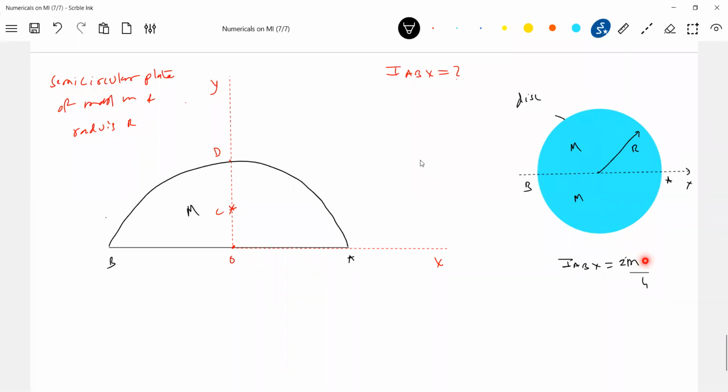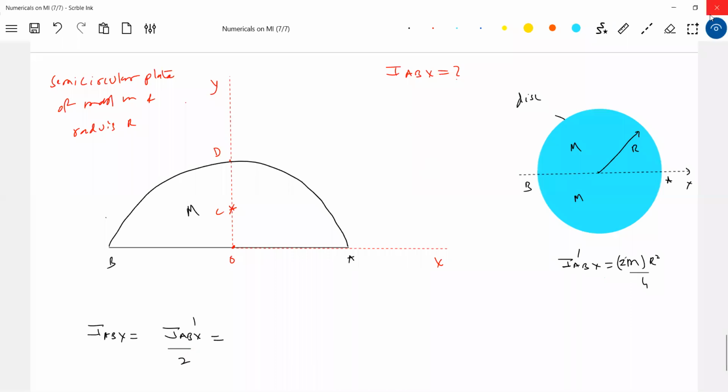What is the mass of this disk? It is 2m, so 2m r squared by 4. Now if I remove one of the semicircular plates, I think it will become our question. I'll call it I_ABX dash. According to the formula, I_ABX here should be equal to I_ABX dash by 2, from symmetry.